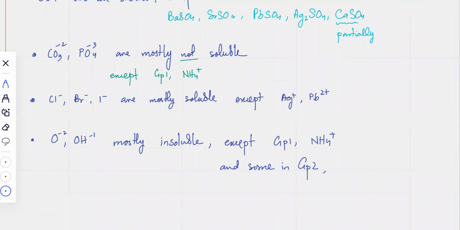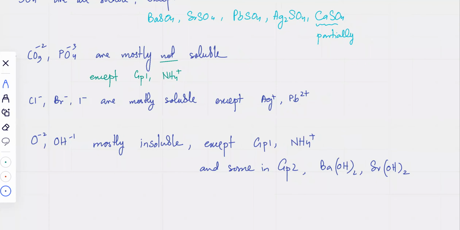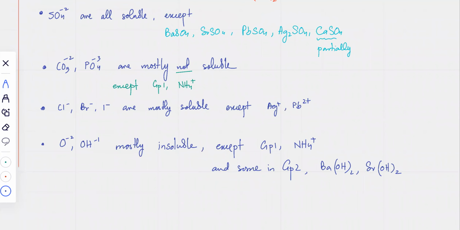And these include BaOH2 and SrOH2, and there's going to be one more, which is CaOH2.